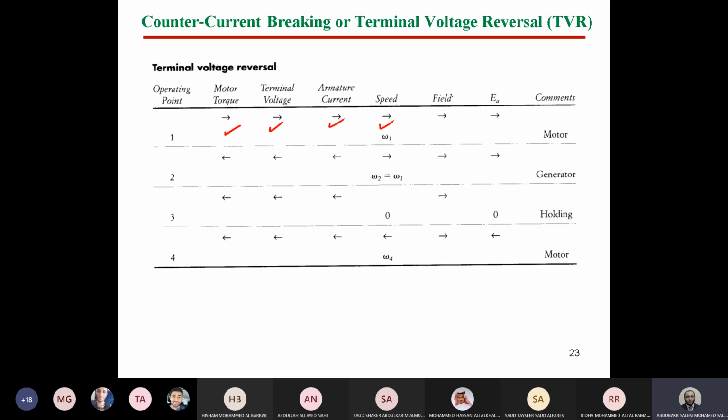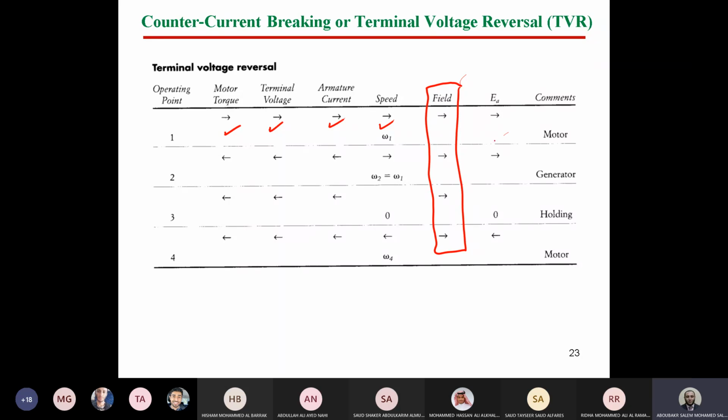Of course, for the field, we are not going to change anything regarding the field for all types. We will fix the field. Otherwise, if you change the field as well, this means K phi will be negative, and in the same way the motor will be reversed. So we will keep in all of our work the field, direction, and current value as constant.